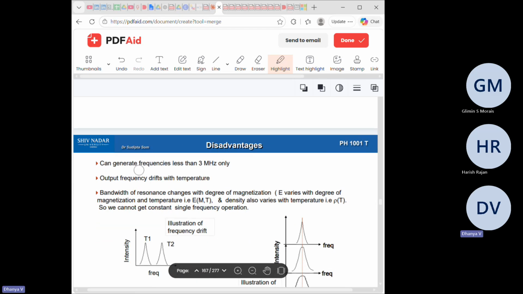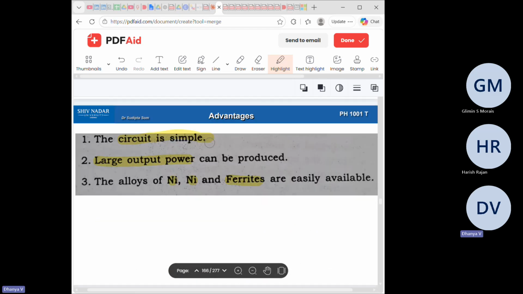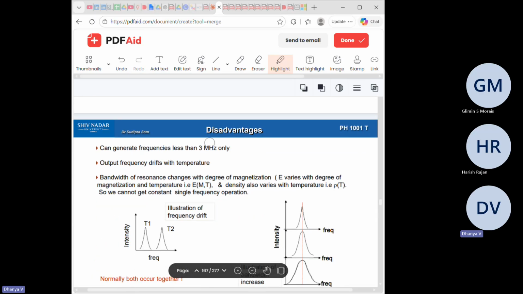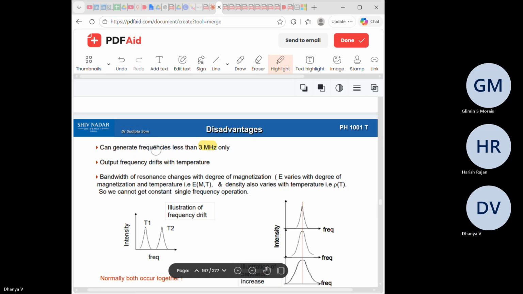But the disadvantages again, so you need to know your advantages and disadvantages for this. So it can generate only up to 3 megahertz. Okay, so it can't go more than that. And then output frequency drifts with temperature.